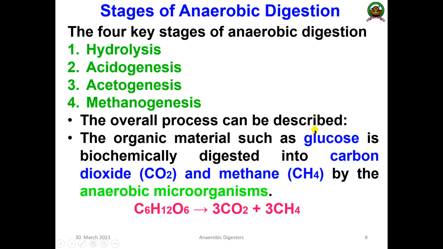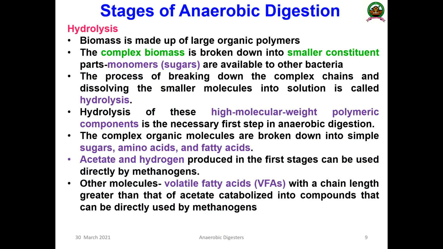This glucose will be biochemically metabolized by microorganisms such as acidogenic, acetogenic and methanogenic bacteria, and produce carbon dioxide and methane. That is C6H12O6, the glucose, gives 3 CO2 plus 3 molecules of CH4, methane. And now we are going to discuss each step in detail.